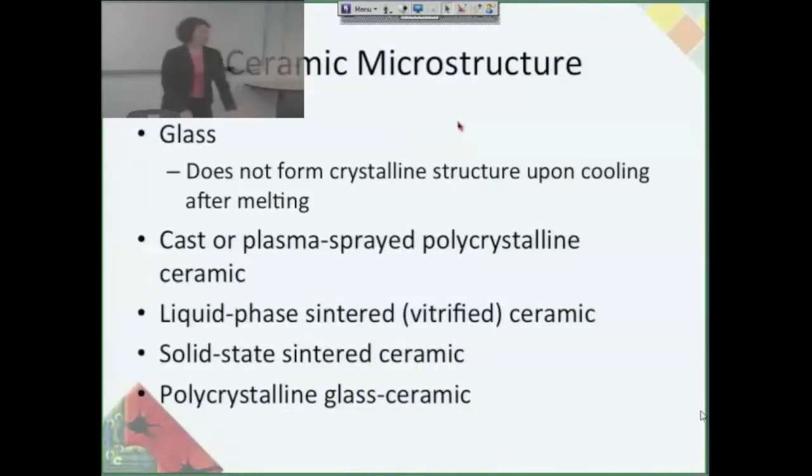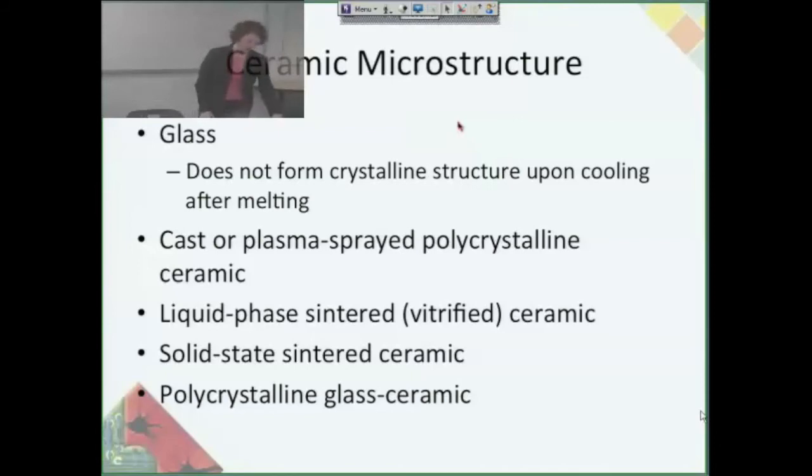Okay, there's different types of ceramics based on their microstructure, and they're all different because of their processing methods and the heat methods that were used to manufacture them. We're not going to go through all of these, but basically glass is an amorphous solid, so you heat up the ceramic, and then when you cool it, it doesn't form a crystalline structure, so that's why it's a glass. And then you can also have ceramics that are part glass and part crystalline, with different phases or different structures.